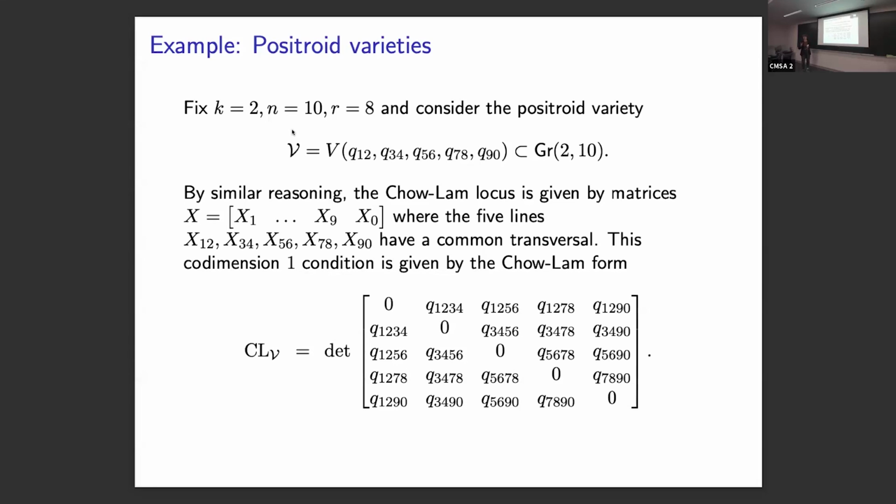So you have any positroid variety which is a facet of a tile? Yeah. Okay. Some of them would give 0 because they're mapping in a lower codimension, but the ones mapping in codimension 1 correspond to facets in the image if you have tiles. And then those are cut out by polynomials that are cluster variables. That's conjectured in general, but proved in all the examples that we see in this conference. So is there any understanding why that should be the case from the perspective of the Chow-Lam form?